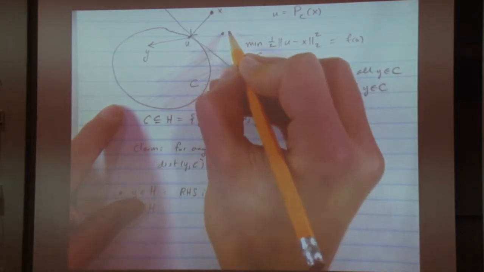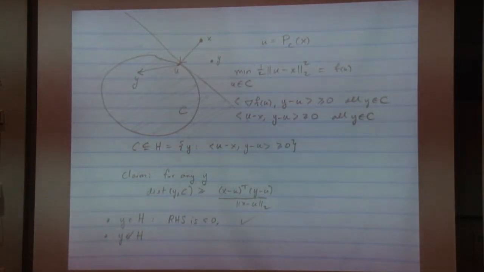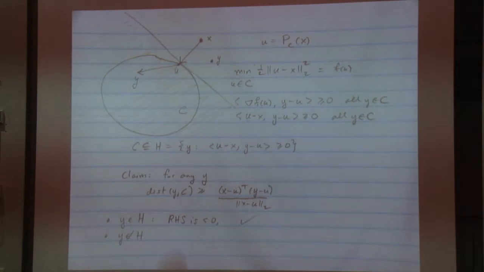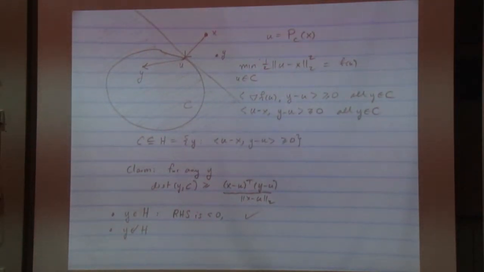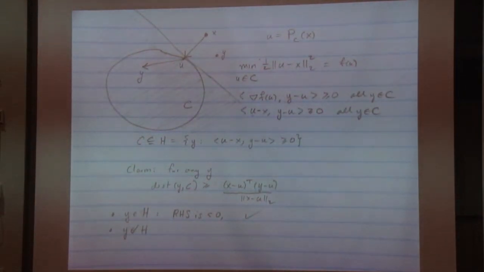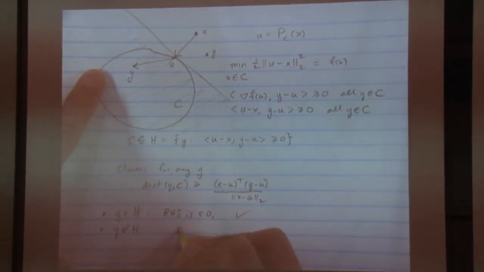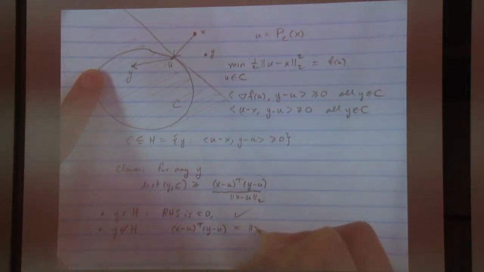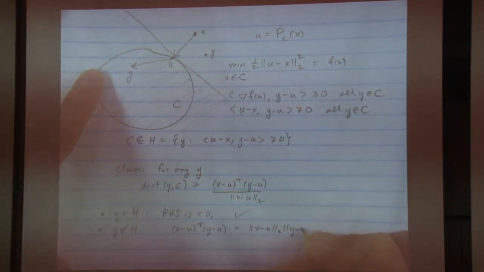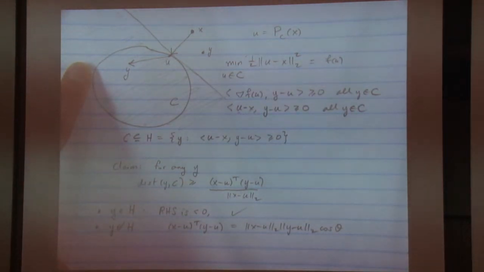Now we're going to consider a point y, say out here, and the distance between y and C. If y is not in the half space, then we're going to notice that (x minus u) transpose (y minus u) I can always write as the norm of x minus u times the norm of y minus u times the cosine of the angle between these two vectors, x minus u and y minus u.